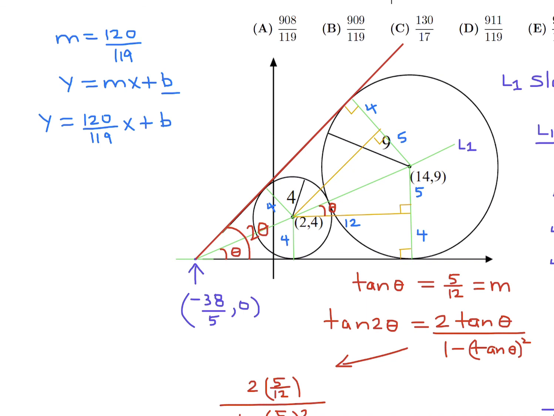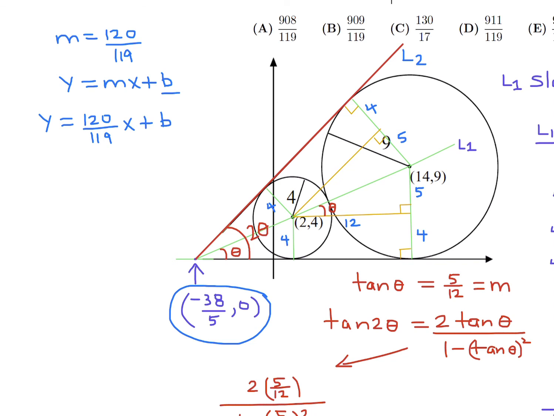But how can we figure out b? Well, the good news is we have a point on that line. That point was on both lines. It was on L1, and it's also now on this line, which I can call L2. So substitute that point into here, and we will be able to calculate for b.